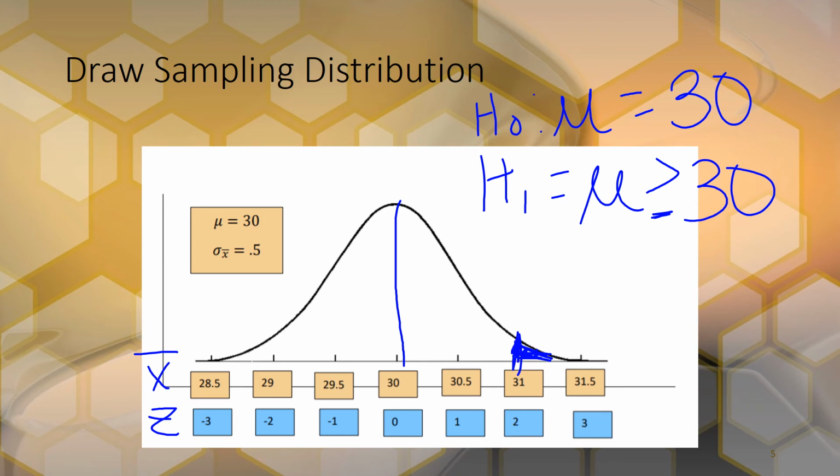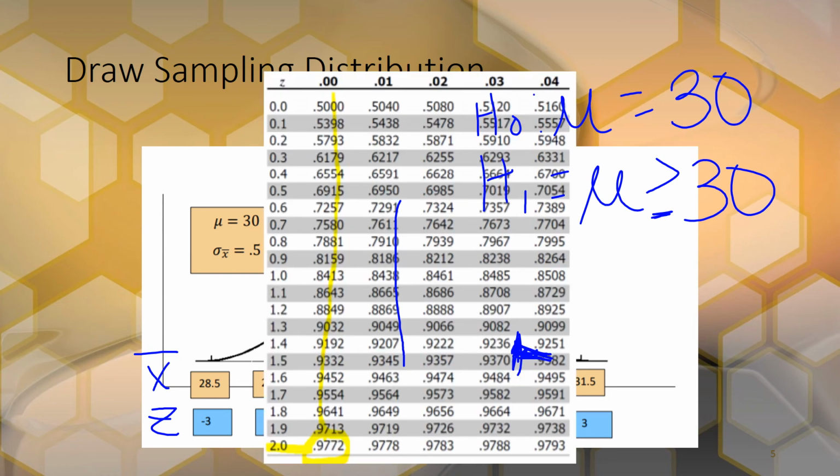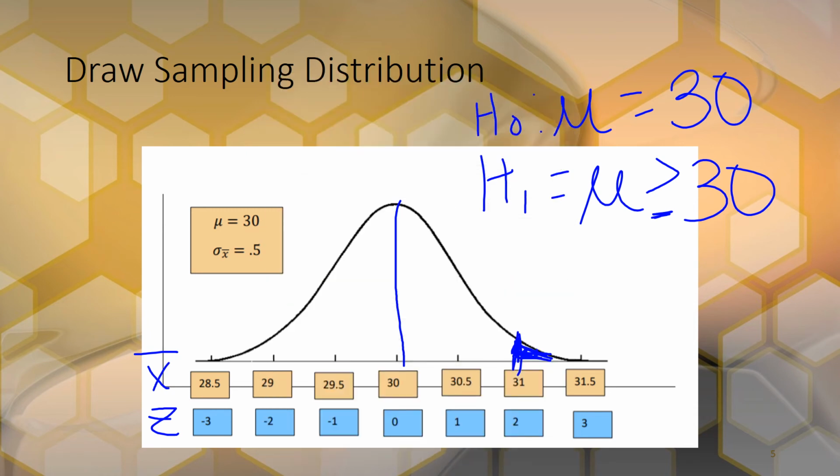Alright, now you want to find that probability, and you learned in the last phase how to find probabilities of shaded areas. So we're going to go to our z table, and you can see that if you go from 2 and then 0, because 0 is the second decimal place, then we're going to find a 0.9772. So that's the percentile though.